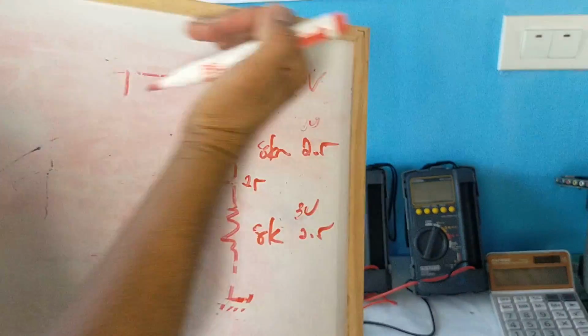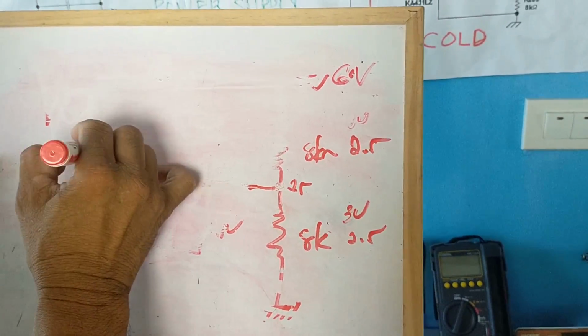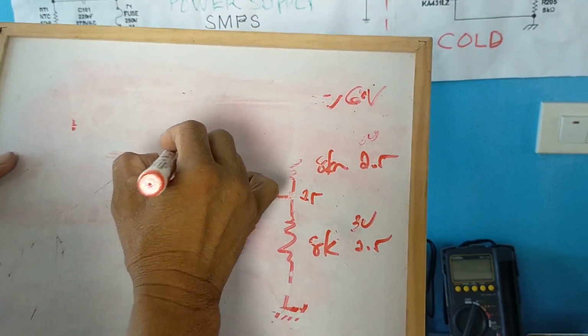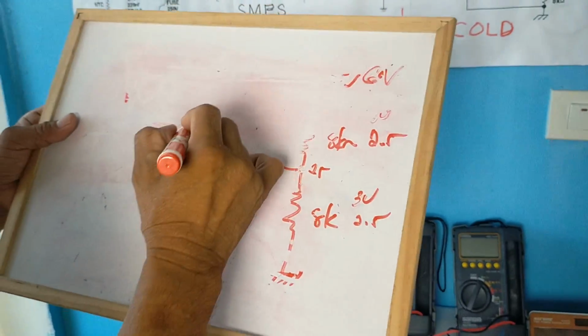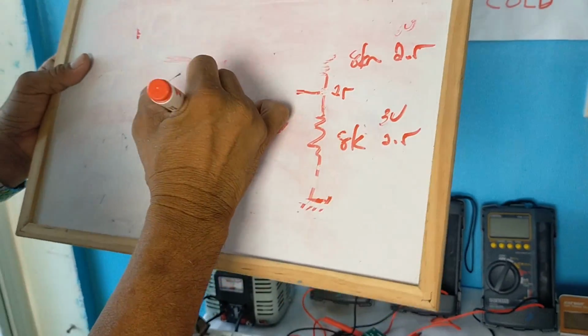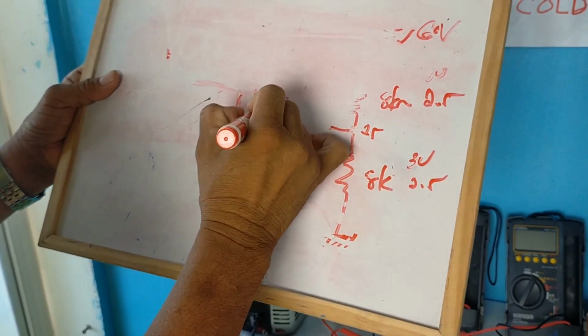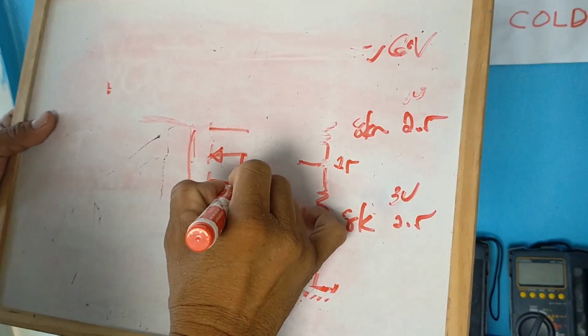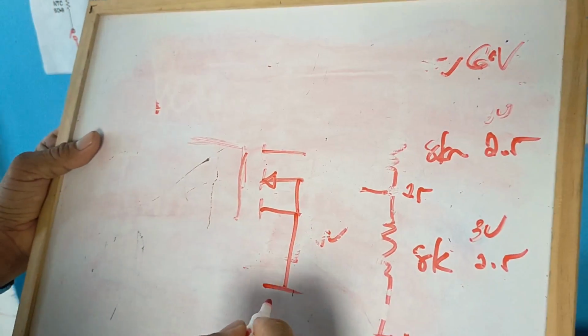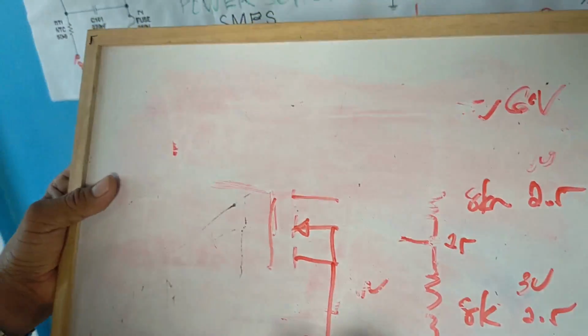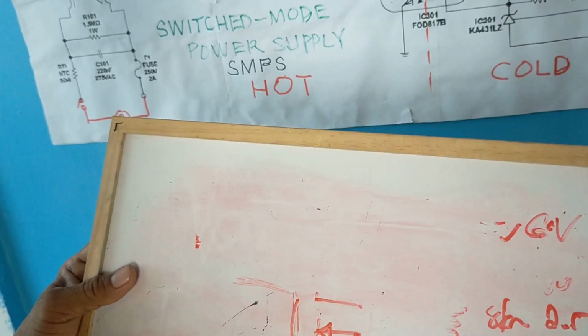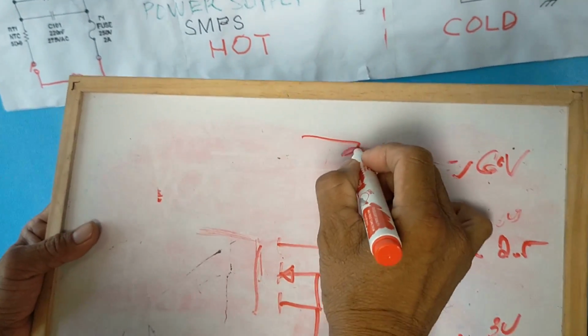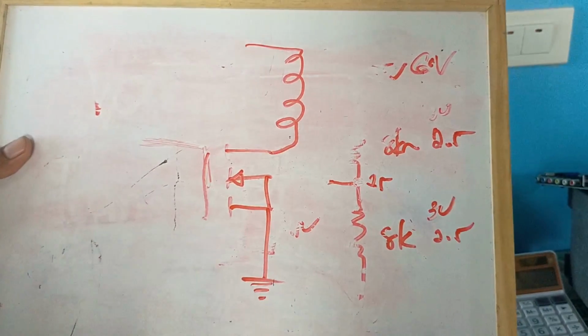So, we have here a transistor. 1, 2, 3. Connected to the earth here. This one is connected to the coil, the drain.